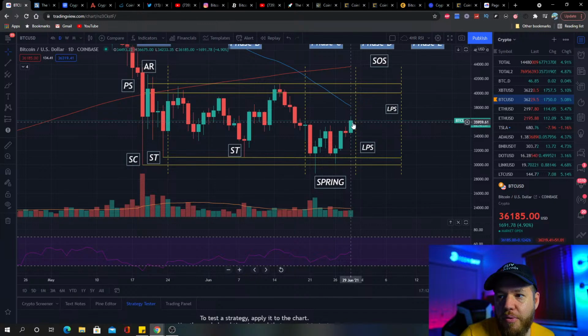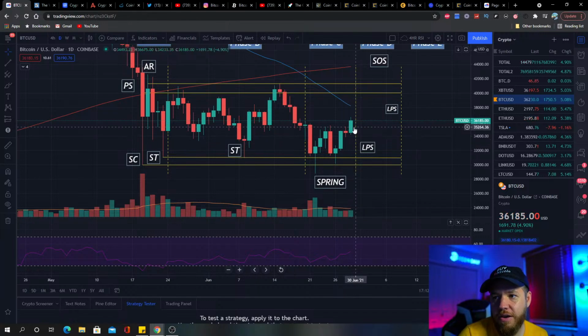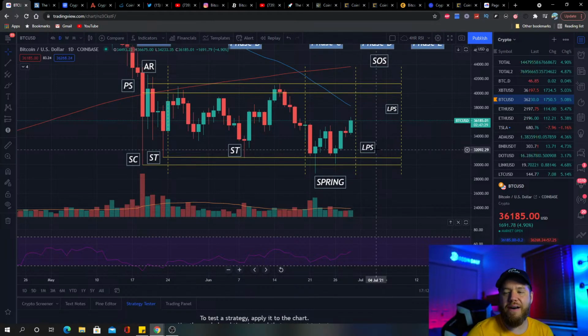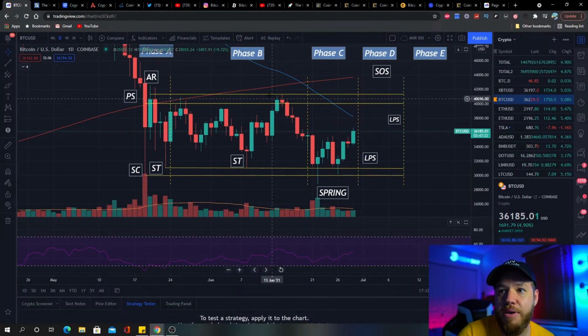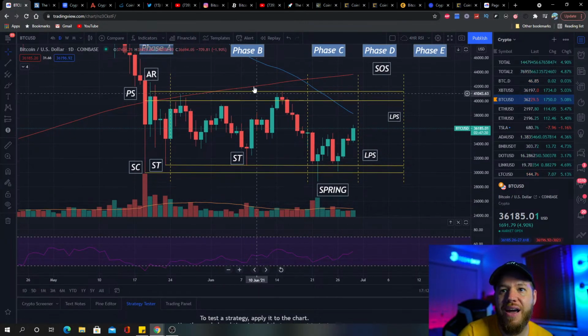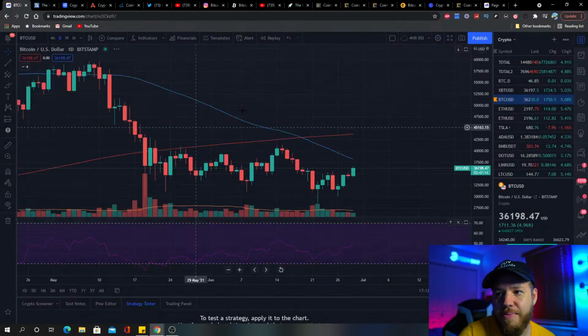Now, if the price just dumps and drops down back to this support way down here, if we get a lower low, then we have to look back and reevaluate and see, maybe we're not in phase C, maybe we're in phase B still. Maybe we're not even in any of these in the accumulation schematic. Maybe we're still in the distribution schematic.